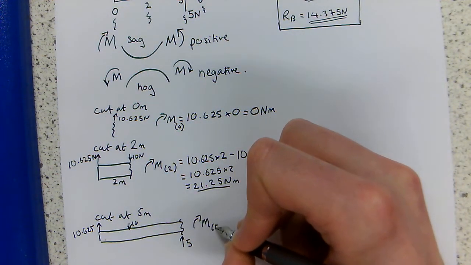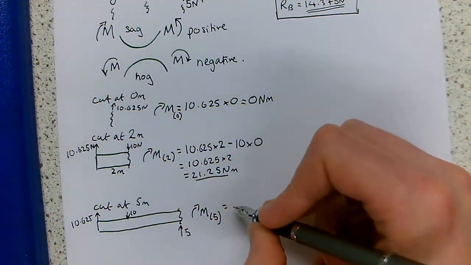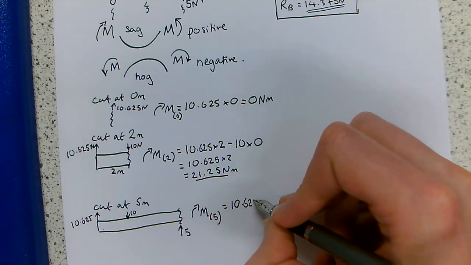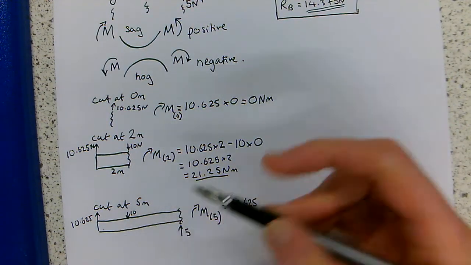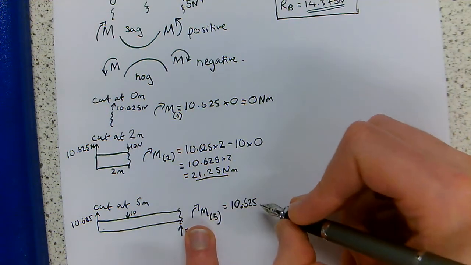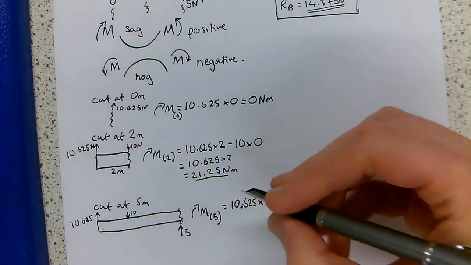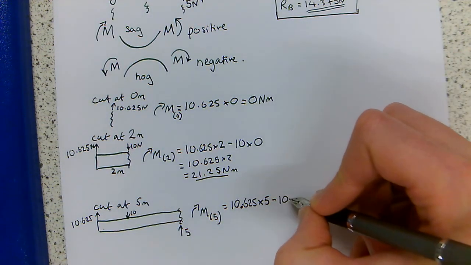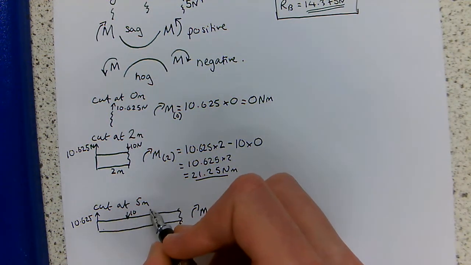So our bending moment at 5 meters is going to be this 10.625 Newton force from A. That's acting over the whole length from our cut, so the moment it exerts at our cut is going to be 10.625 times 5, take away 10 times, now this force of 10 is acting 3 meters away from our cut.